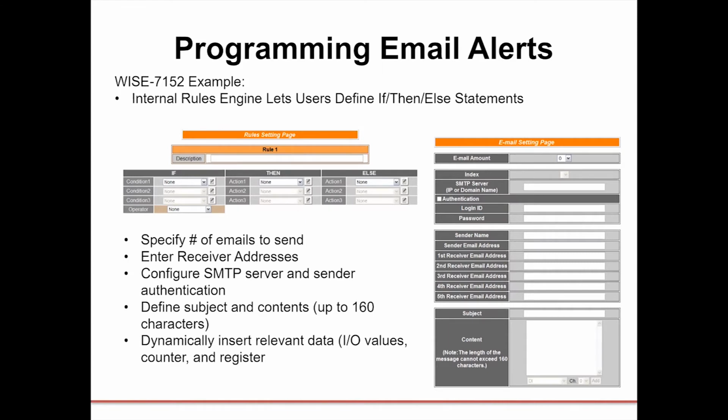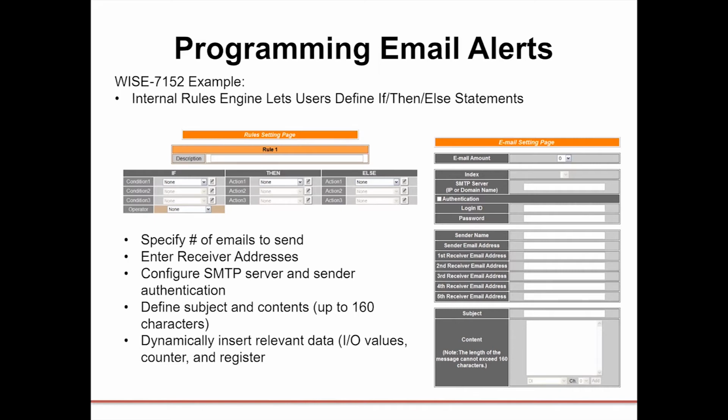And then the then and else actions include analog input, digital input, analog output, digital output, DO counter, internal registers, timer, send email function, which is what we're talking about now, but we also have CGI commands, recipes, P2P, and rule status. The action we're focusing on is that send email function.